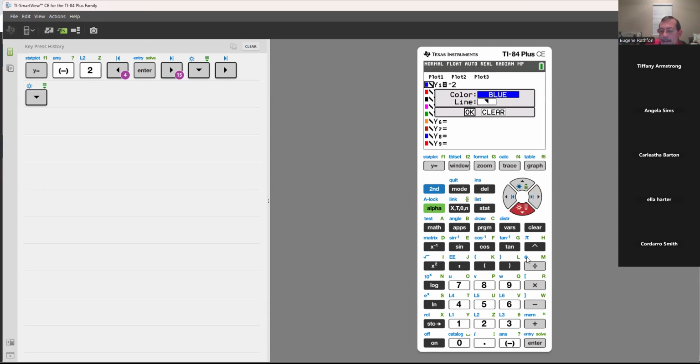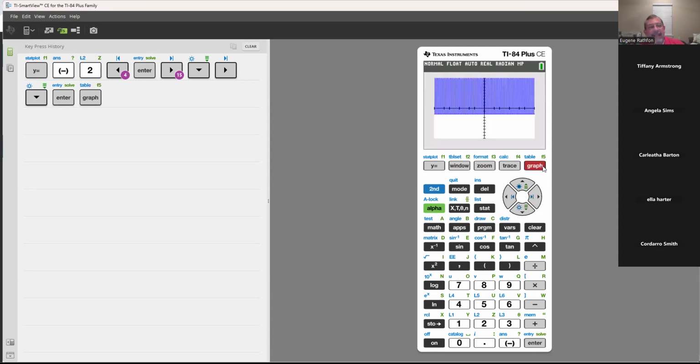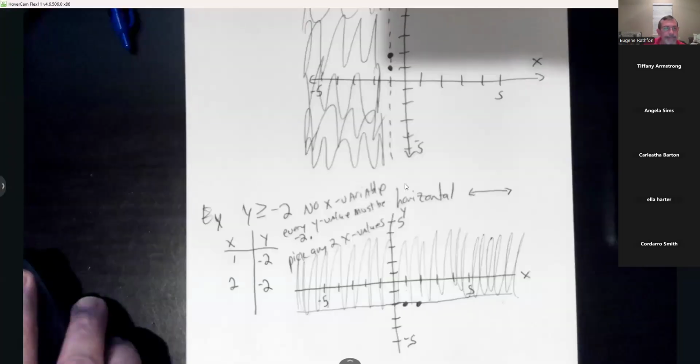For my greater than, go down to OK, hit enter. Now, when I hit graph, it shades it in blue. So that's what that CE stands for, color enhanced. I think the phone apps that y'all got, if you got that TI Calculate 84 or whatever, I think it'll color it to you, okay?